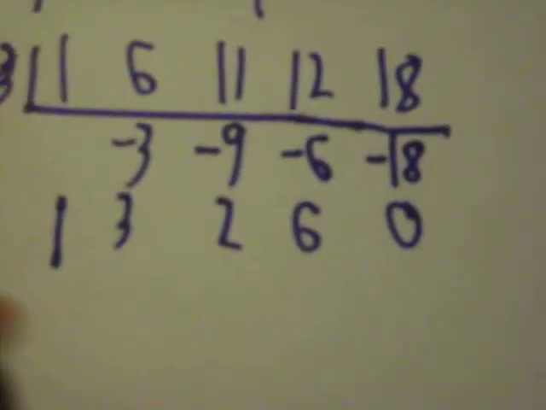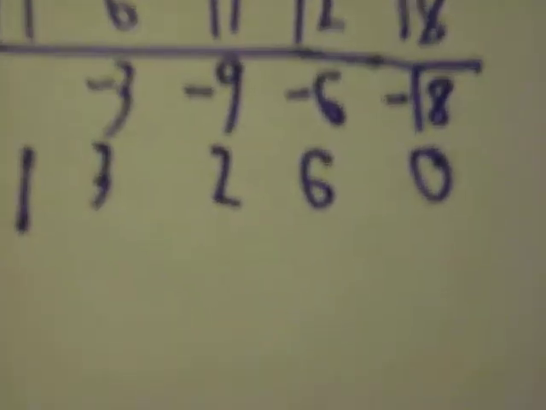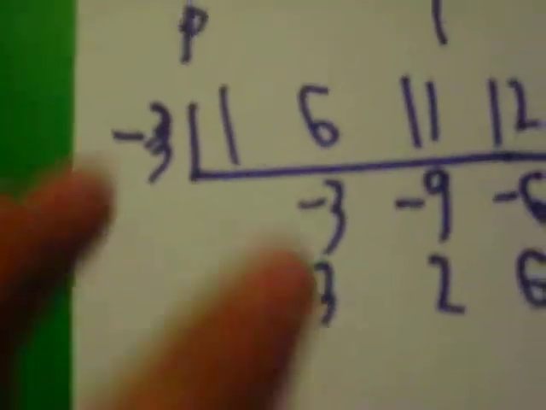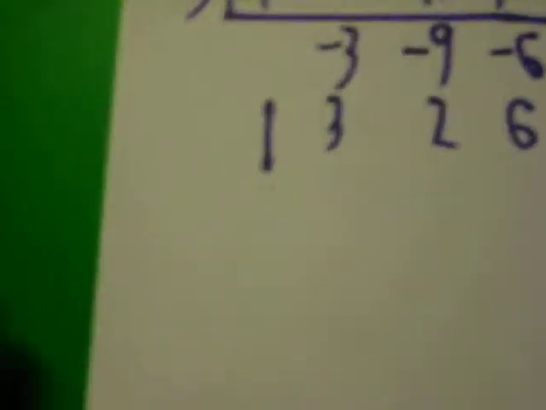If we write that using negative 3 as the real zero, we will get something like this: x cubed plus 3x squared plus 2x plus 6.